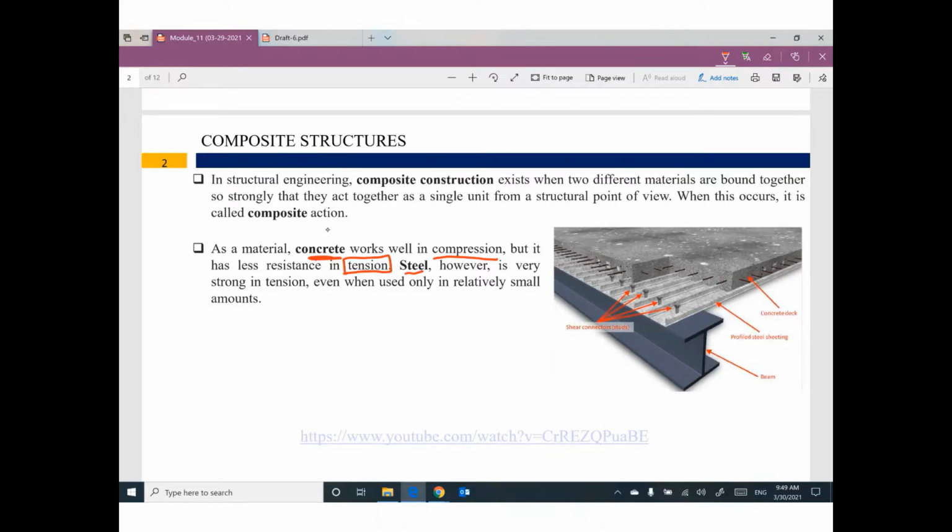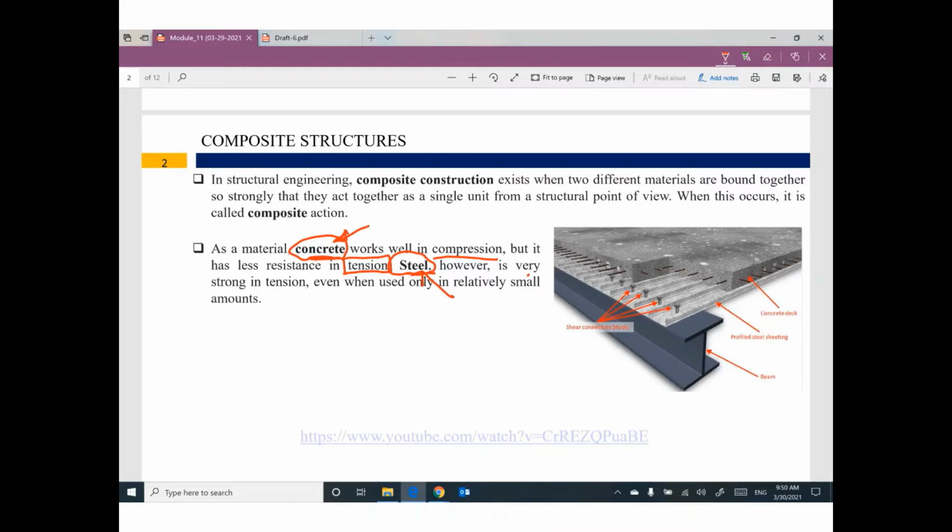So what will happen if we combine concrete and steel? Does that make sense? It's very strong to combine concrete in compression and put steel in tension to create a new structure called composite structure.